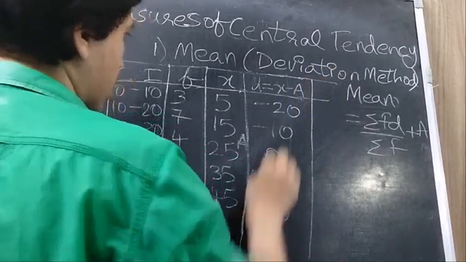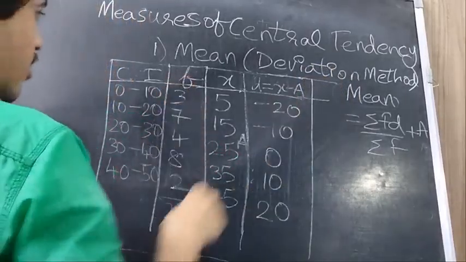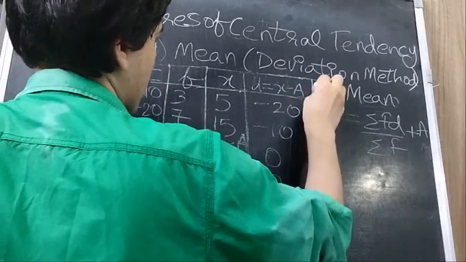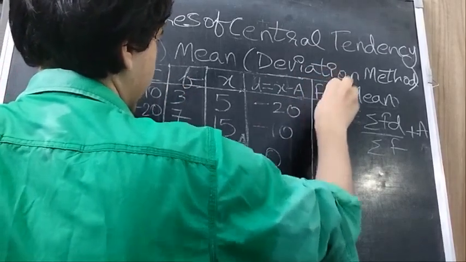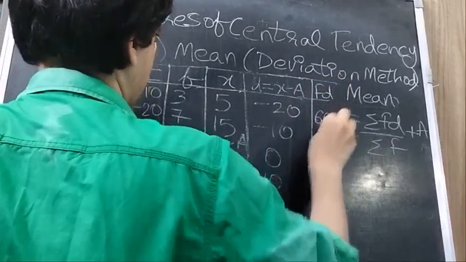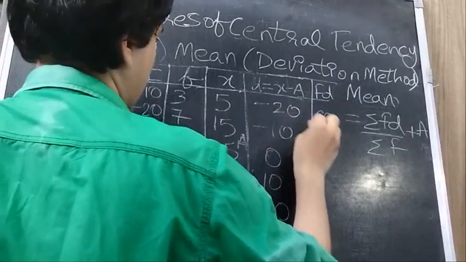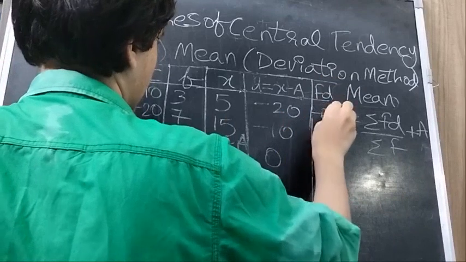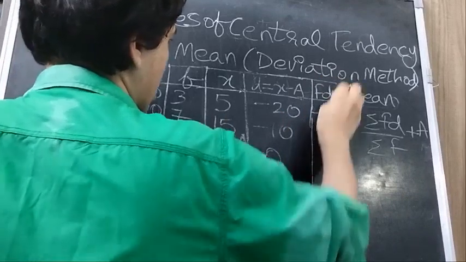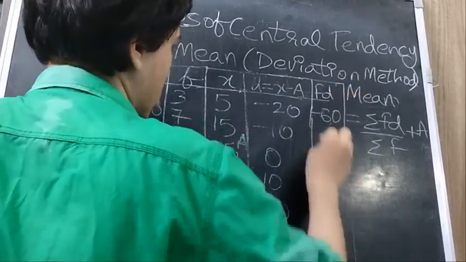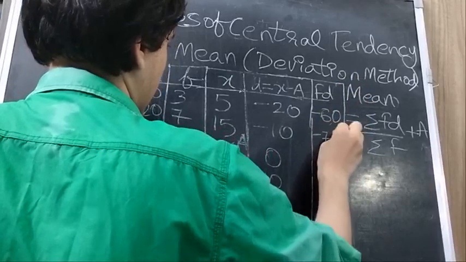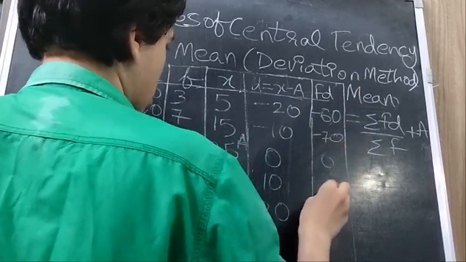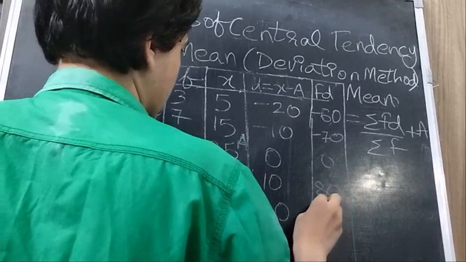Here these are the d values, these are the f values, multiply to get fd. This is 60, and you have to keep the minus symbols also. It is very important. This is minus 70, this is 0, this is 80 and this is 40.